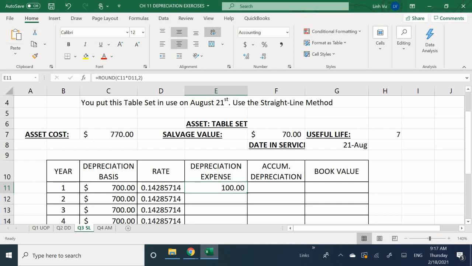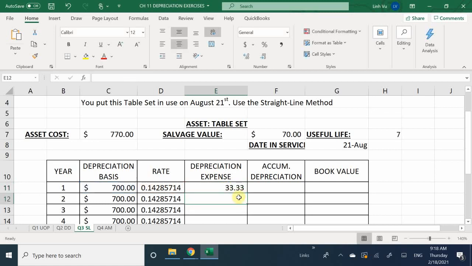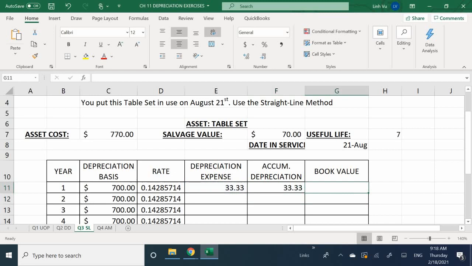So I'm going to retype this formula again: equals ROUND of this times this times 4 divided by 12, comma 2, which should give you $33.33. So what does that make my accumulated depreciation? 33.33.